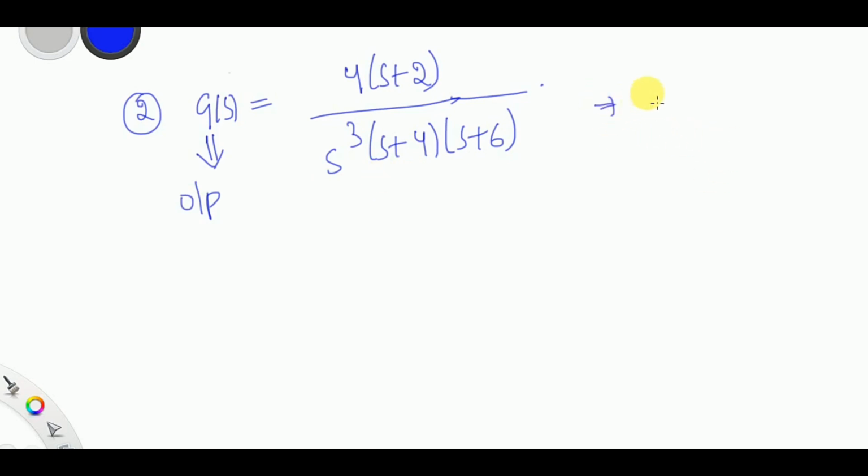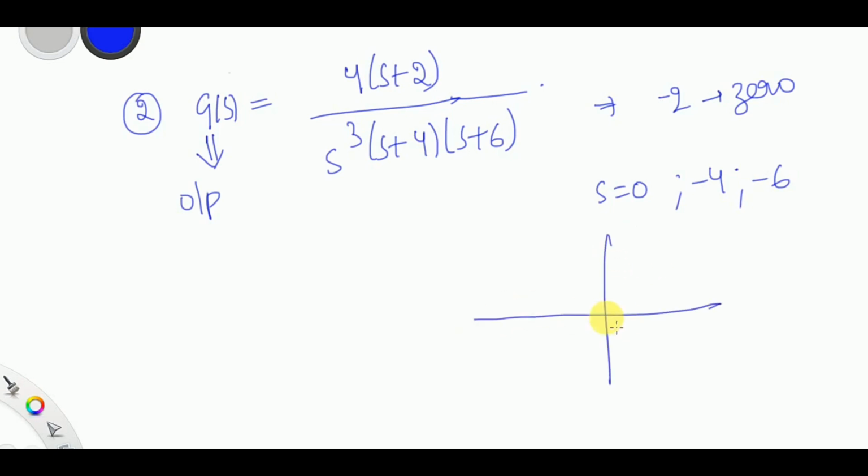In this question, s equal to minus 2 is the zero, and s equal to 0, minus 4, minus 6 are the poles. There are 3 poles at the origin, and at minus 4 and minus 6. So the type number of this system is 3.